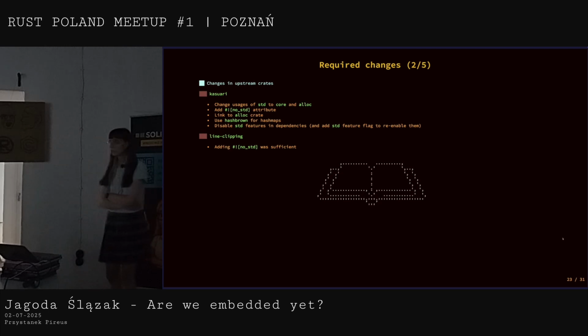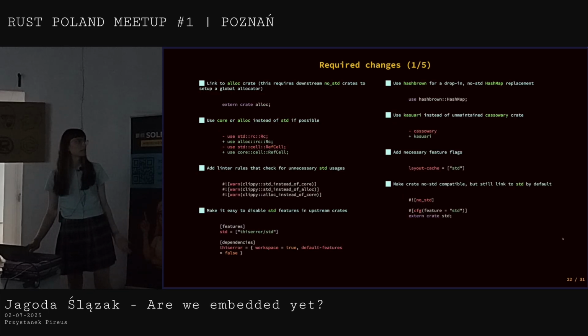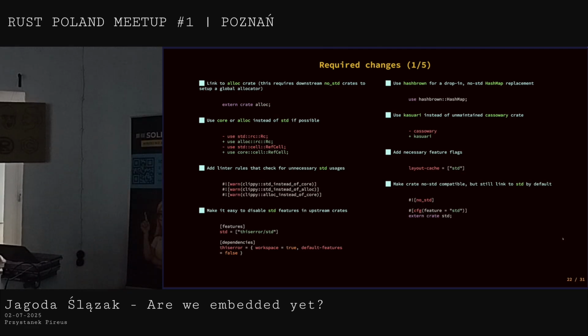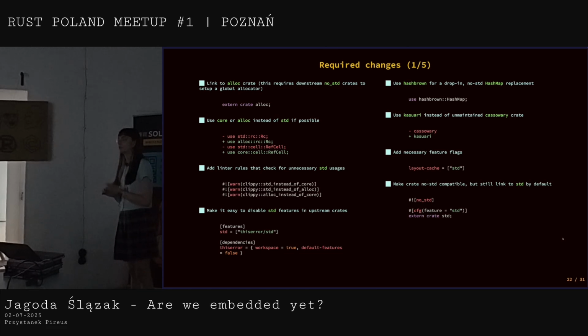Yeah, std wasn't removed entirely, because, for example, as you can see here, we are linking to it by default anyway. We just wanted to make it possible to run it without std.